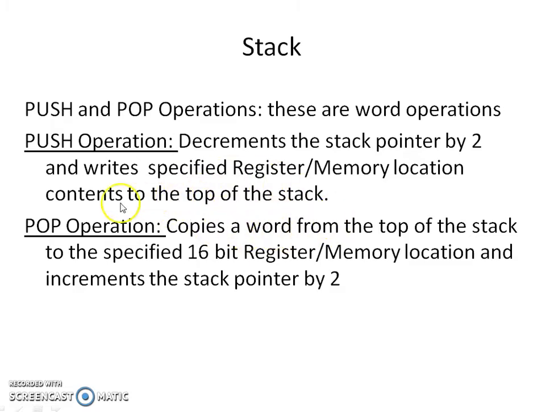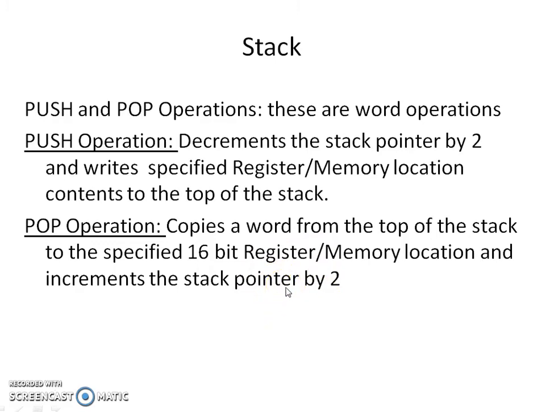Next, the pop operation copies a word from the top of the stack to the specified 16-bit register or memory location and increments the stack pointer by 2. Push and pop operations are the reverse of each other. Here in push you are decrementing the stack pointer contents by 2, and in pop you are incrementing the stack pointer contents by 2.